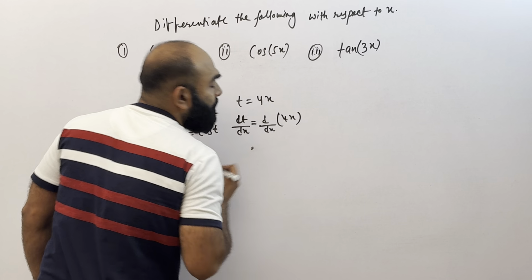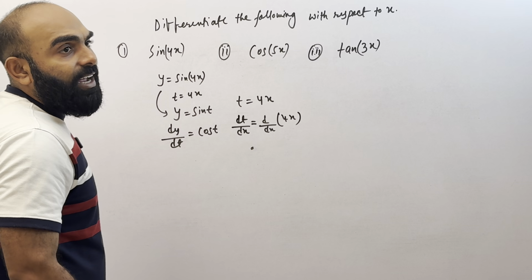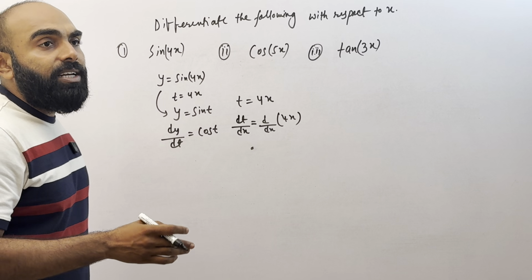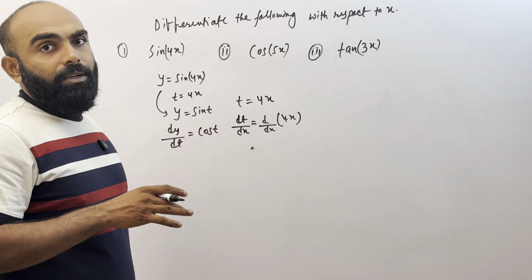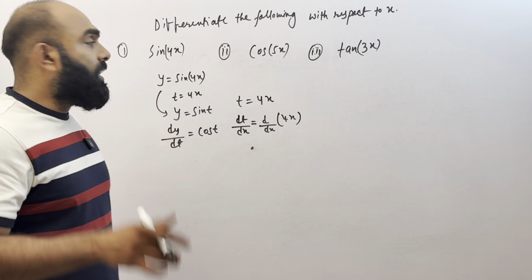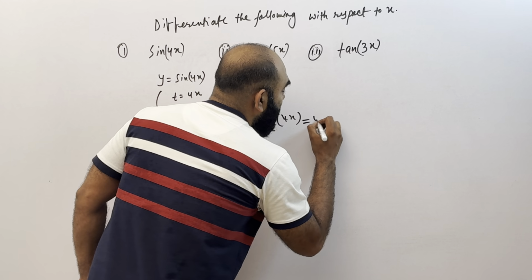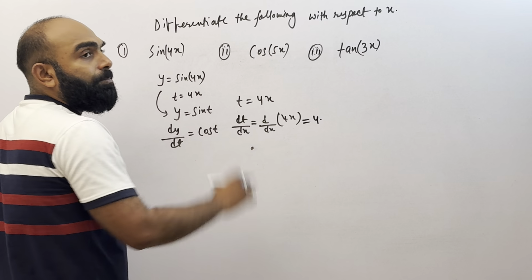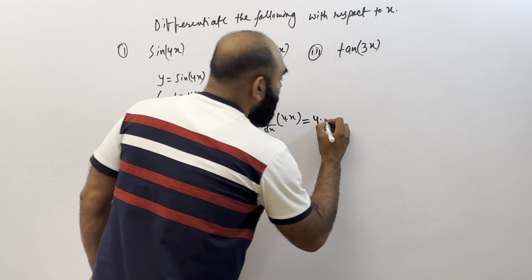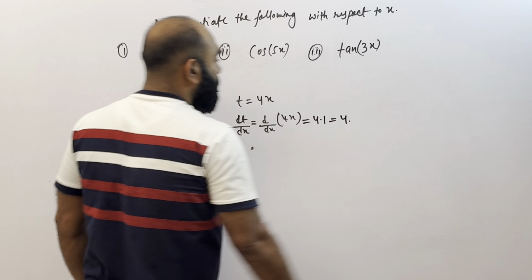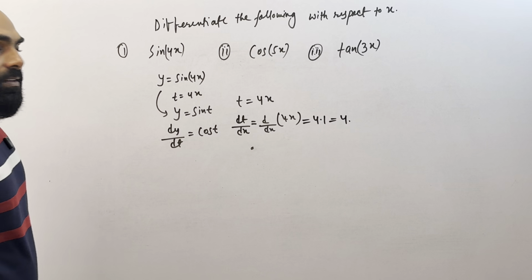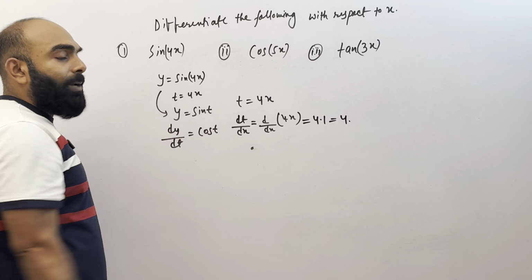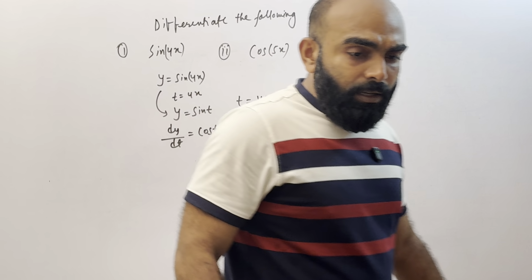Since 4 is a constant and x is the variable, take the constant outside from a given variable. So this 4 is outside, and differentiation of x with respect to dx is 1 only. We know these things. That is 4. Do it for cos 5x and tan 3x quickly.